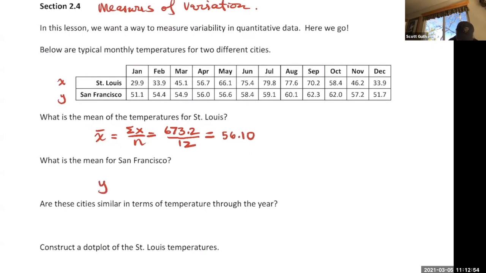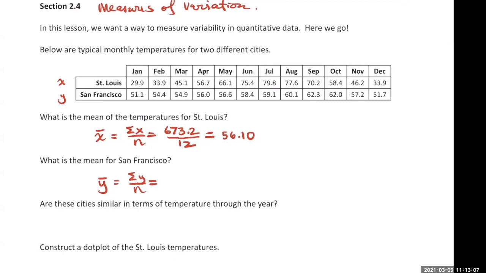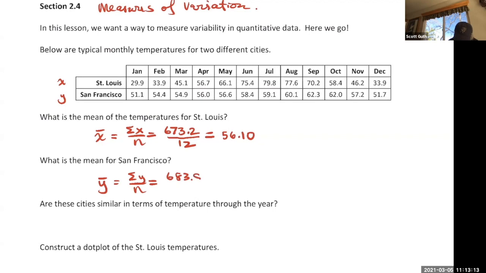So the mean would be Y bar, and that'll be the sum of Y over N. So did anybody add up the San Francisco temperatures? 683.8. I got that.